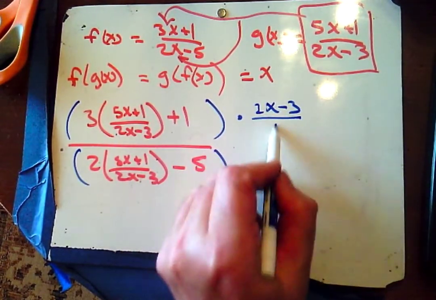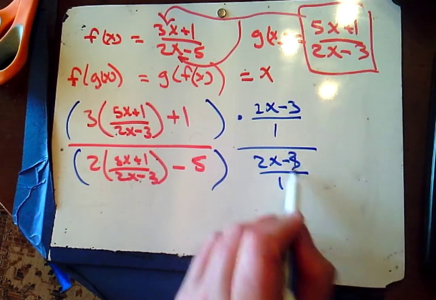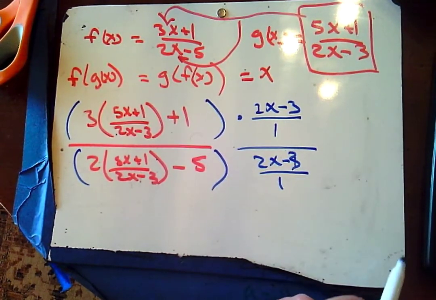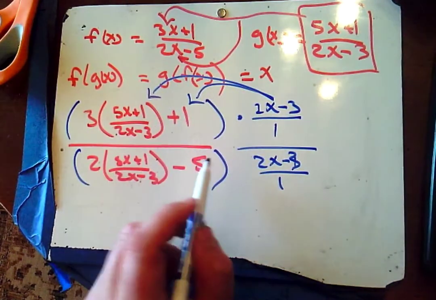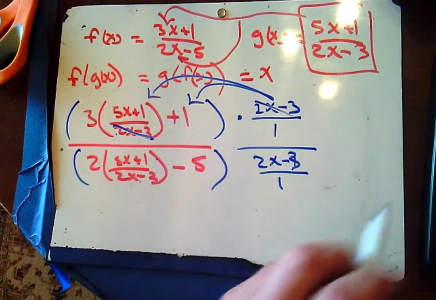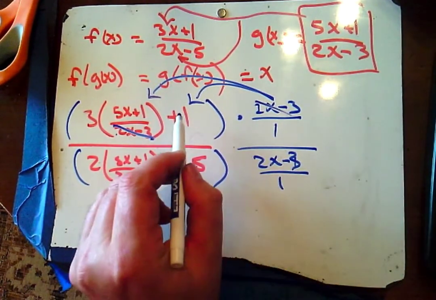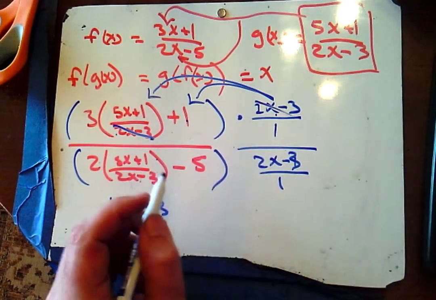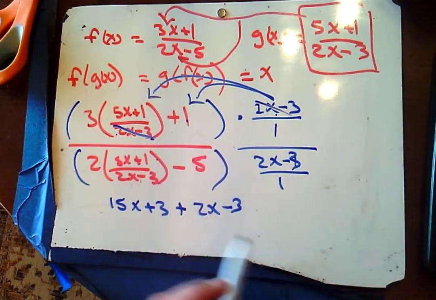I'm going to multiply by 2x minus 3 on top and bottom. And why is that? Well, this gets distributed here, and it gets distributed here, but when it gets distributed over here, this cancels that one out. So on top, I'm going to have 15x plus 3, and don't forget it was 1 times this, so plus 2x minus 3.